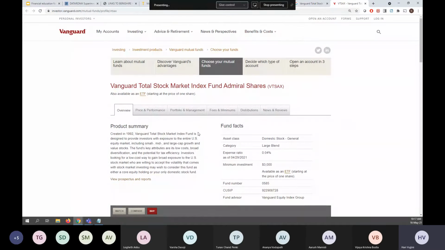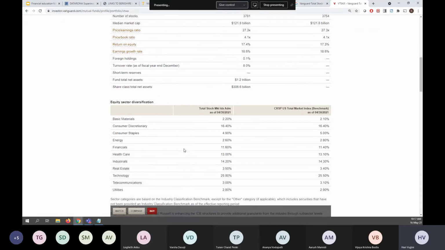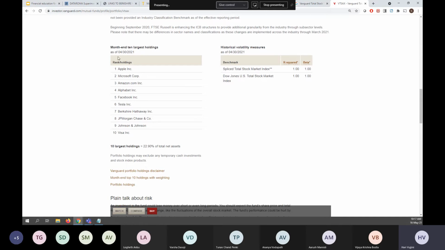If you see the companies here, these are the different companies that this Vanguard Total Stock Market Index Fund has invested in, and these are the top 10 companies. The behavior of the top 10 drives the performance because they are a major percentage of the index.